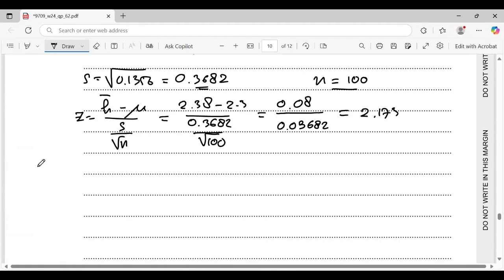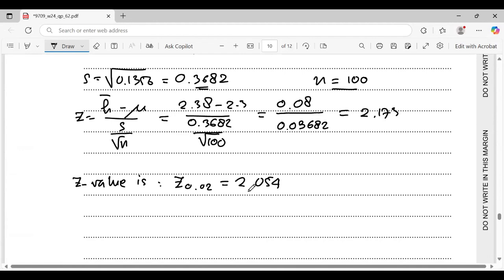I would like to state that at the 2% significance level for a one-tailed test, the critical Z value, z 0.02, equals 2.054.